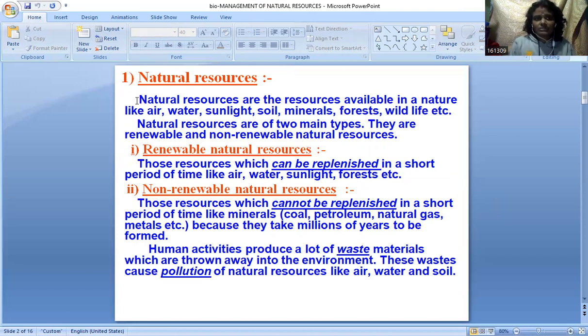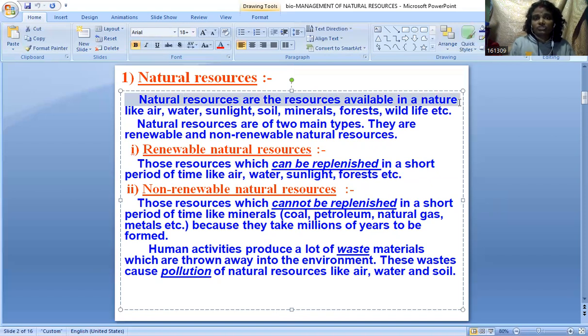So here, first is, what are natural resources? As I told you, natural resources are the resources available in nature to human beings, animals and other organisms. Examples, as you can see here, are air, water, sunlight, soil, minerals, forest, wildlife, etc. All these resources come under the category of natural resources. Again, I'm repeating: air, which we breathe, water, which we use for our daily life, and of course sunlight, which is important for all organisms.